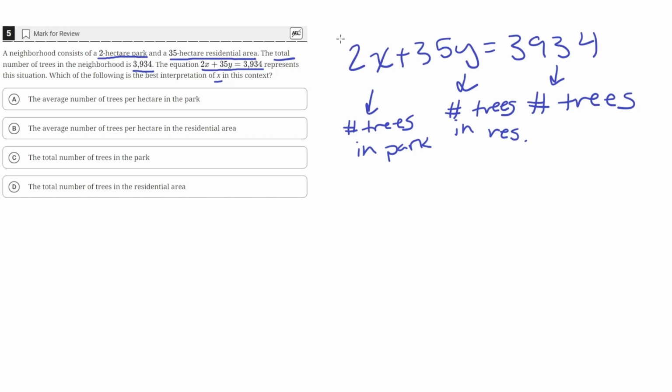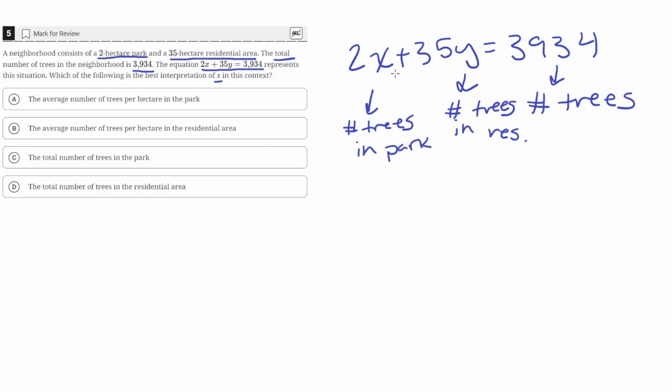So the coefficient here shows the size of the area, the 2-hectare park and the 35-hectare residential area. And in order to get the trees from that, we need to know the average number of trees per hectare. When we multiply that with the size of the area, we get the total number of trees there.